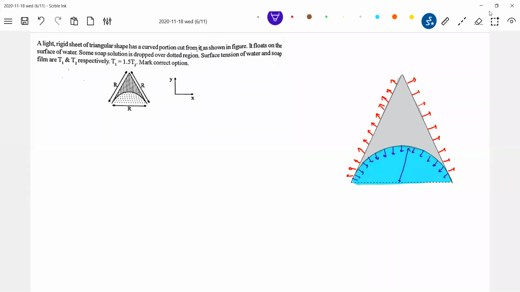This will be the radius r. Soap solution here, water here, water here. There's a triangular shape, a sheet. Don't show it vertical. It is lying on the surface. The molecules which are present here will try to pull the sheet like this, and the molecules which are present here will try to pull here. Okay, there's no problem with this force, no?